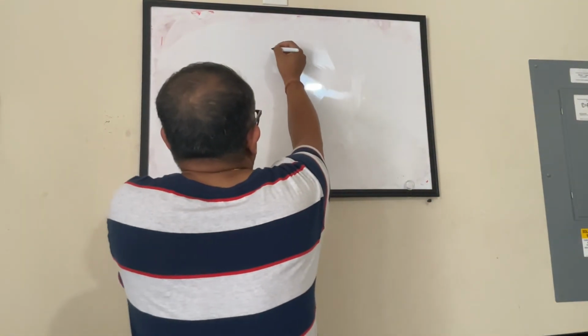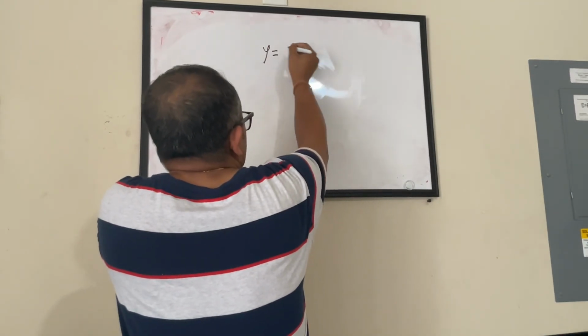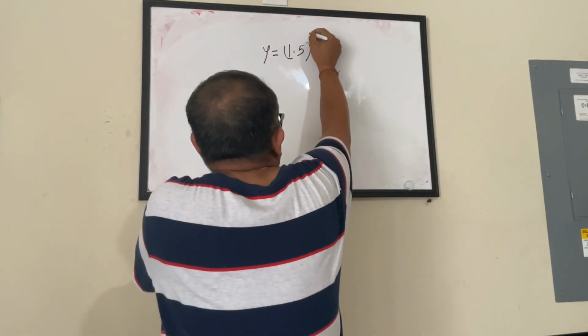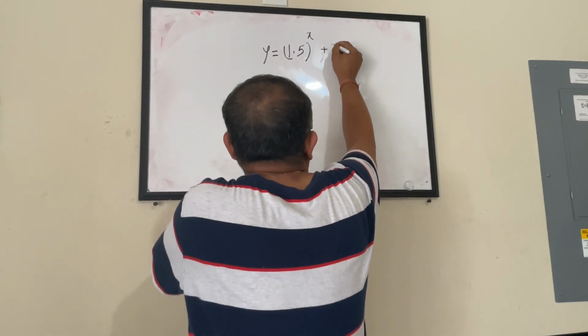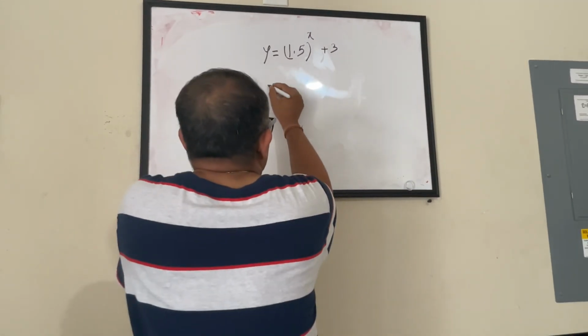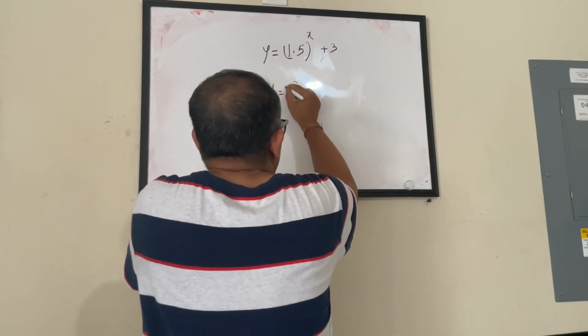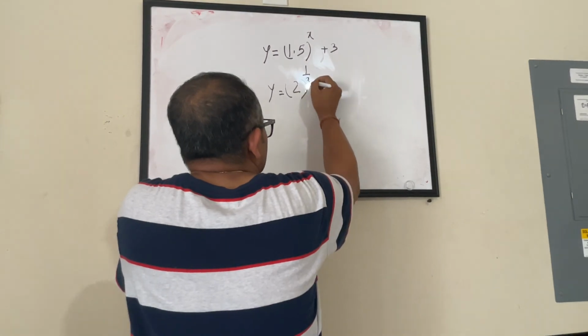So let's say I have an exponential graph which is represented by this equation, y equals 0.5 to the power x plus 3. And I have another exponential graph which says y equals 2 to the power 1 by x.